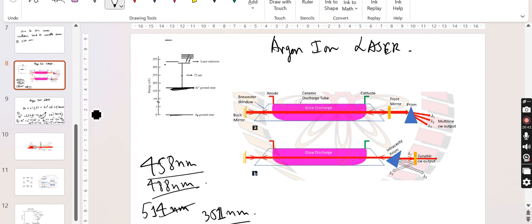So here there are two kinds of schematic basically. In schematic one, first I need to write the color of these wavelengths. So this is blue, this is blue green, this is green, and this is UV.